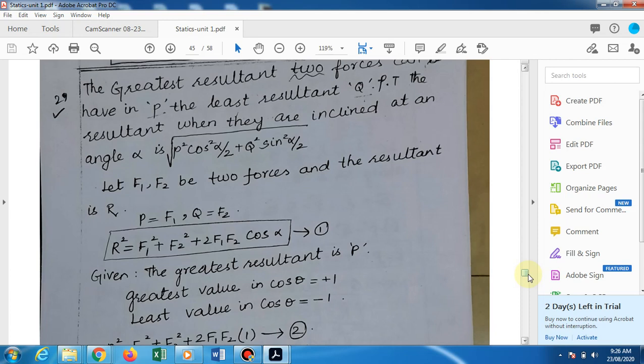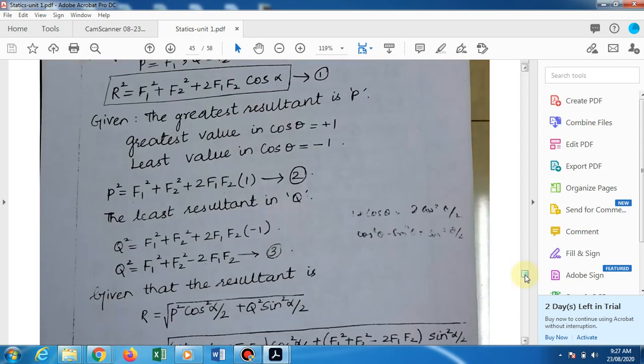Given the greatest resultant is P. For the greatest value, cos theta is equal to plus 1, and for the least value, cos theta is equal to minus 1. So next equation: the greatest resultant is P, so P square is equal to F1 square plus F2 square plus 2F1 F2, taking cos alpha as plus 1.